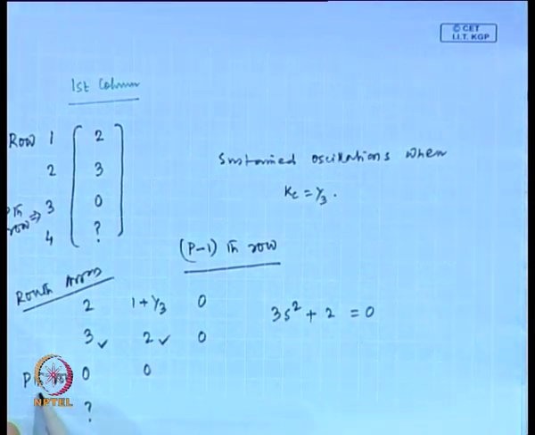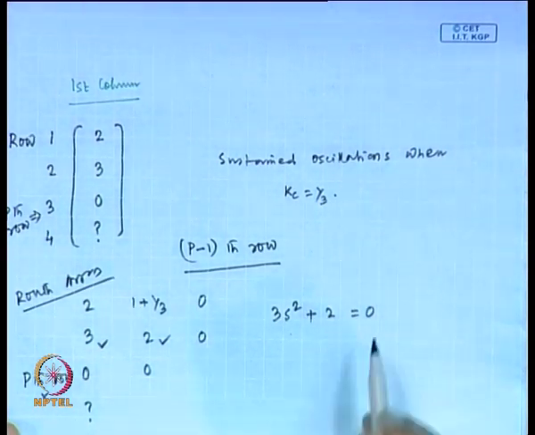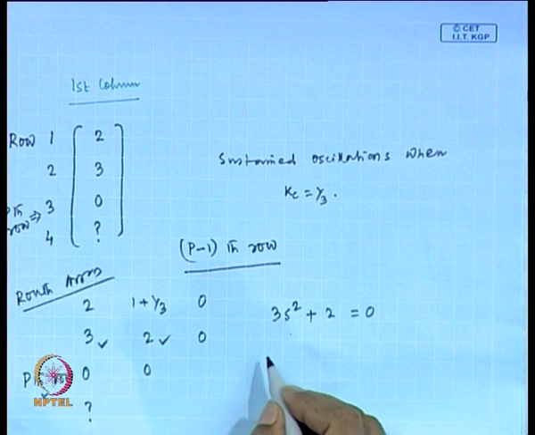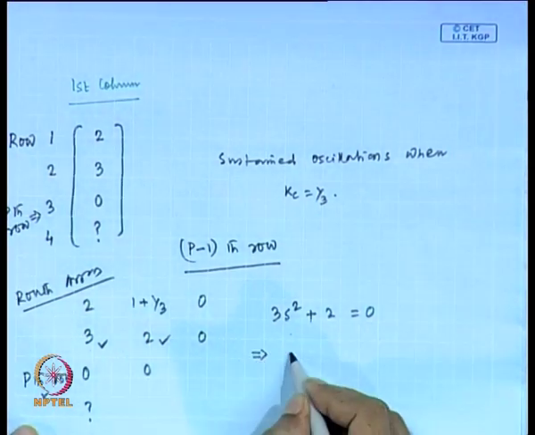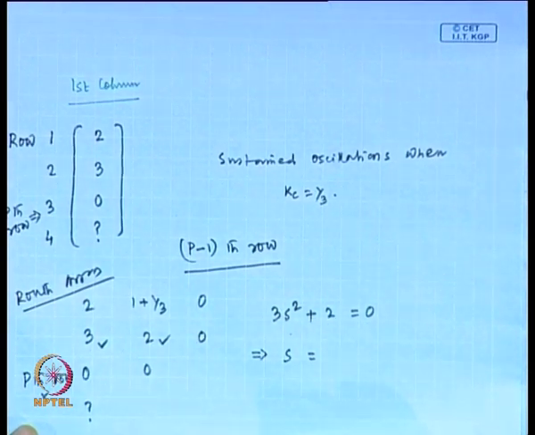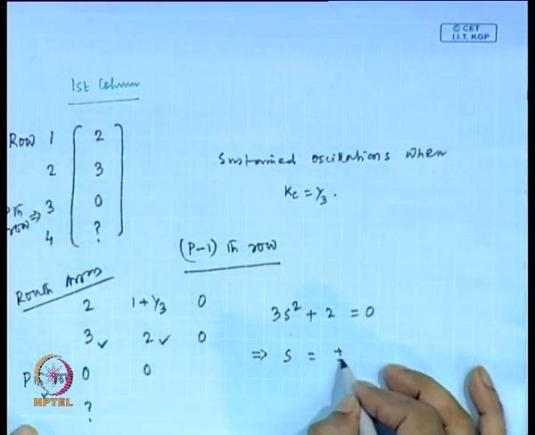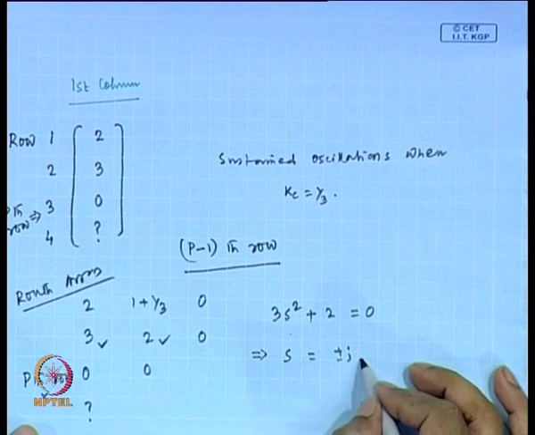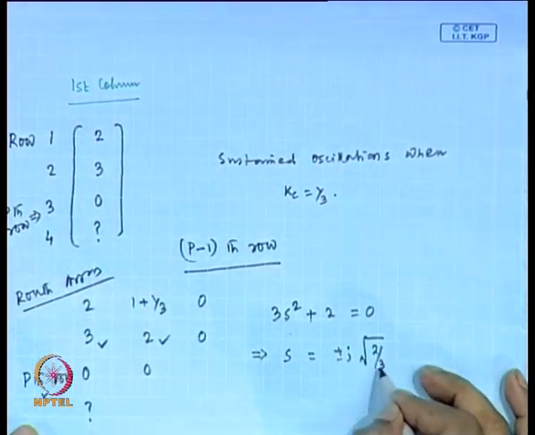All the elements vanish from the pth row. We will take the elements from the p minus 1th row and from the first and second column. So, we can write 3a squared plus 2 equals 0. By solving this, we get s equals plus minus j root of 2 by 3.